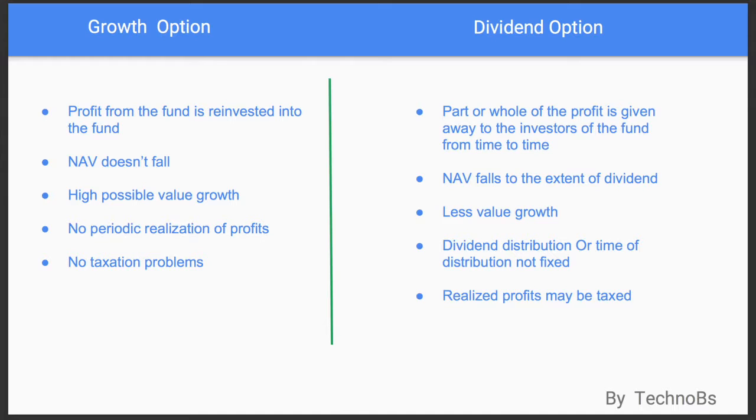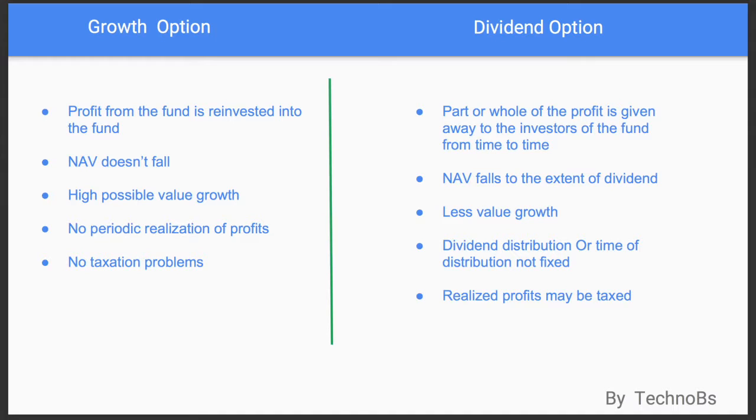On the other hand, it's only $11 that would be growing on the dividend option aspect. So whatever that $1 that's invested on the growth side would generate more value, and a couple of years down the line, if you look at NAVs between these two, there will be considerable difference because that $1, to speak in general terms, compounds and hopefully brings in more profits.